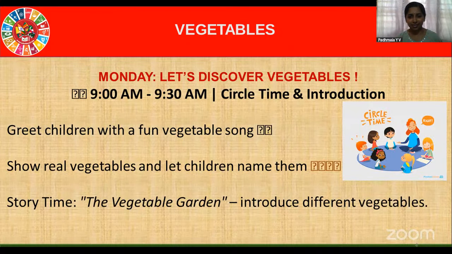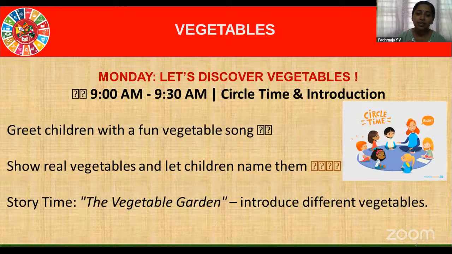We can bring vegetables, show them, and ask children to name them. Then the teacher can create a song in her mother tongue. Show the real vegetables and let the children name them. If it is an English medium school, children will know the name of a vegetable in their mother tongue, but we will have to introduce them in English also.